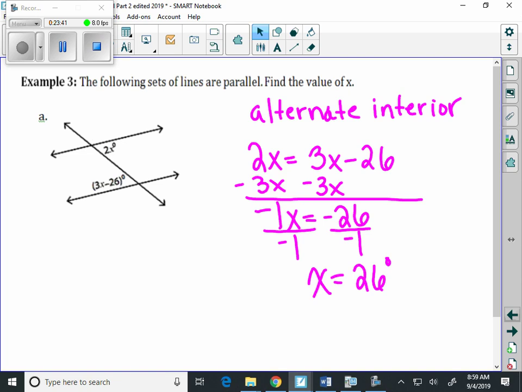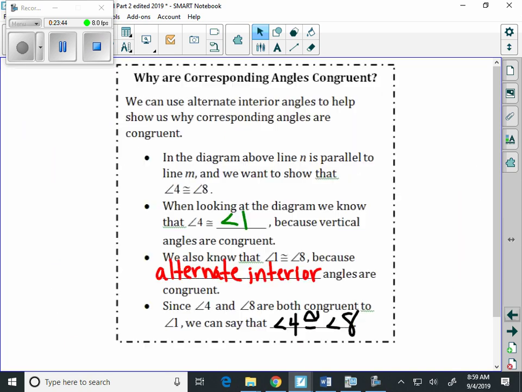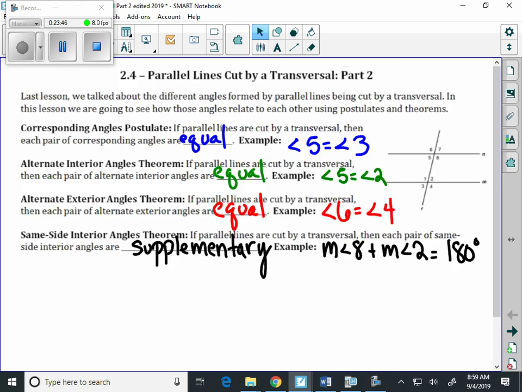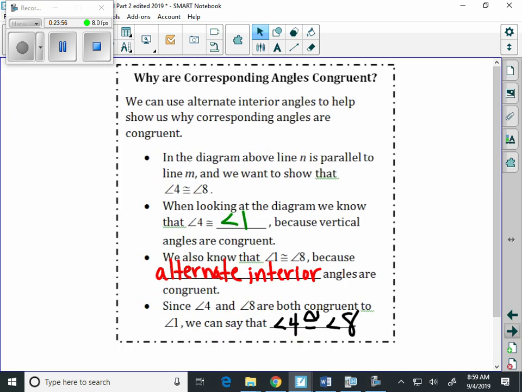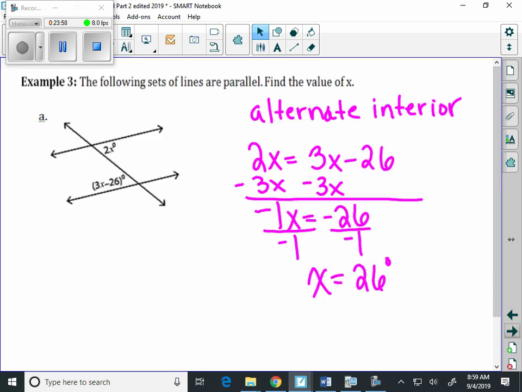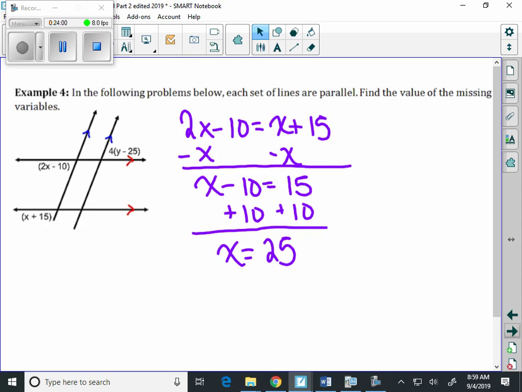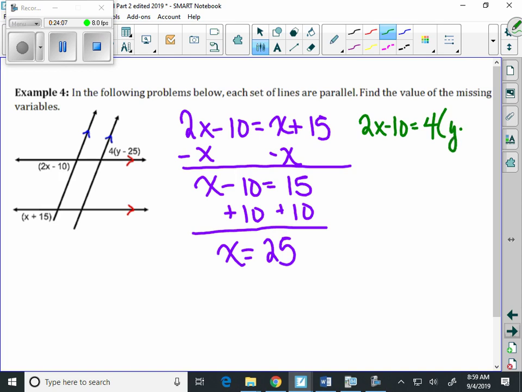It's easier for you to flip over your paper and look at the alternate exterior angle rule, but alternate exterior angles says if two parallel lines are cut by a transversal, then each pair of alternate exterior angles are equal. So we can set those equal to one another. So we've got 2x minus 10 equals 4 times y minus 25.